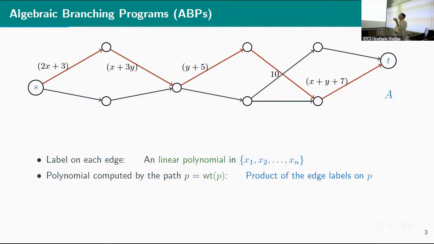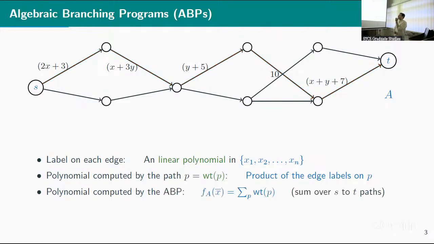And the ABP altogether is supposed to compute the sum of all the S to T paths. There is a matrix multiplication way of looking at it, but this works. So this is an algebraic branching program, similar to a Boolean branching program that maybe some of you have already seen.